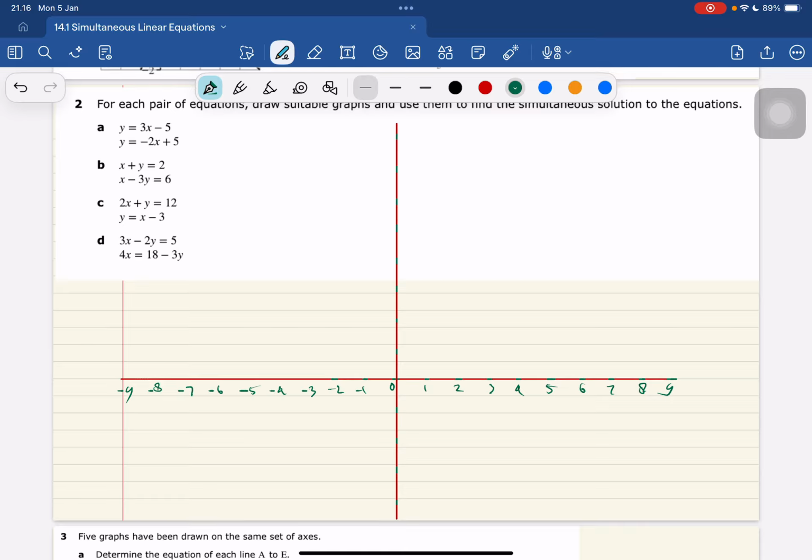Okay, let us take a look first. When x equal to 0, y will be equal to minus 5. Now when y equal to 0, x is going to be 5 over 3.